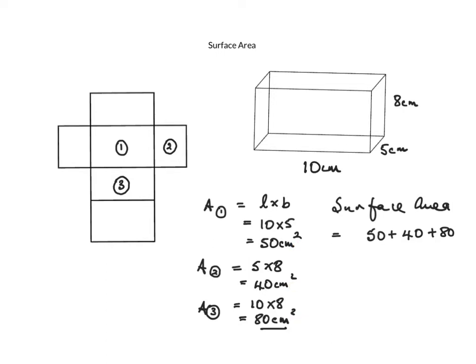There are 6 faces. What we have to do is to double the total. So it's 2 times what? 50 and 40 is 90. Plus 80 is 170, so that gives us 340 centimetres squared.